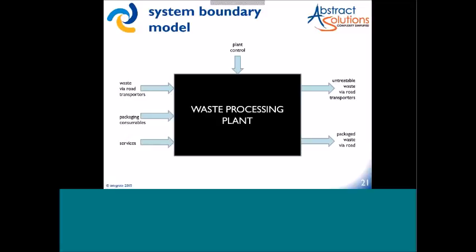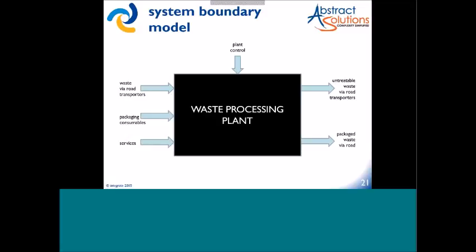We'll take the whole plant as a black box, and we will examine what sits at the boundary, what the inputs are, what the outputs are, what the control interfaces are, and we will talk about what the waste processing plant has to do functionally to its inputs to produce the outputs without yet talking about a particular solution. That is the discipline.